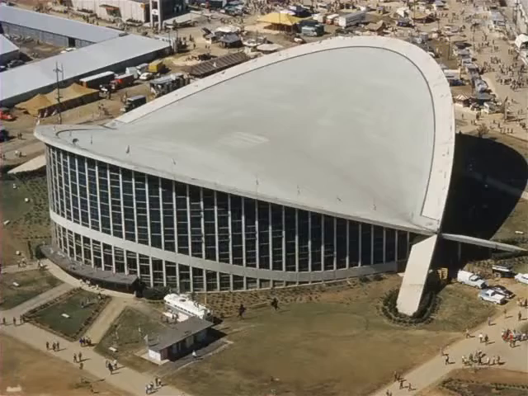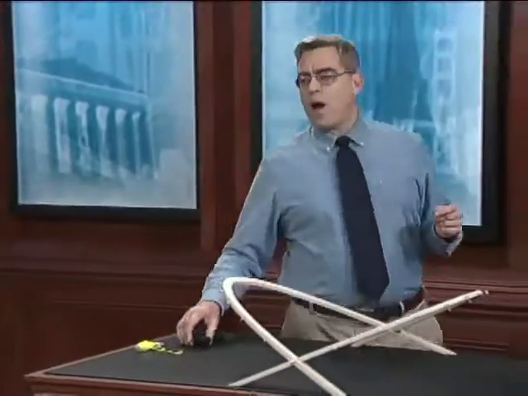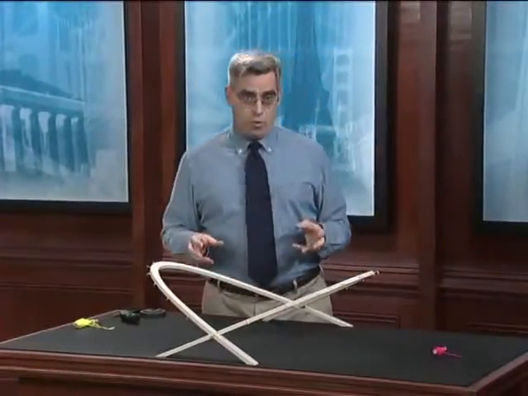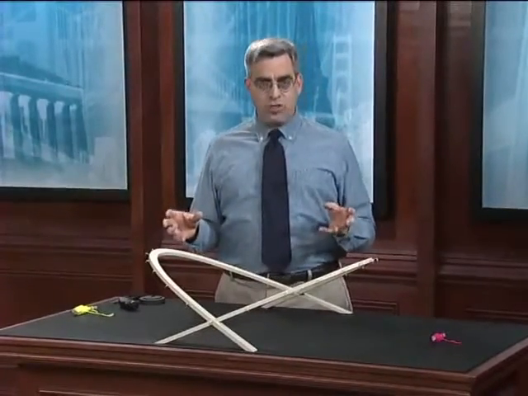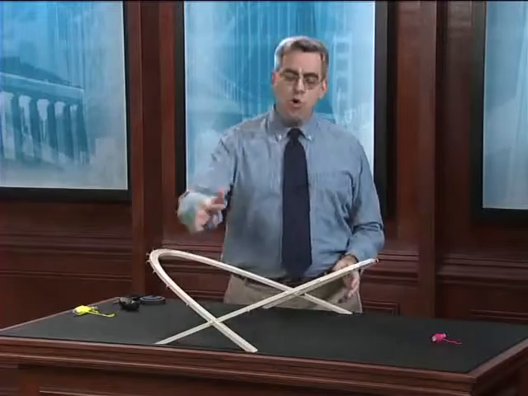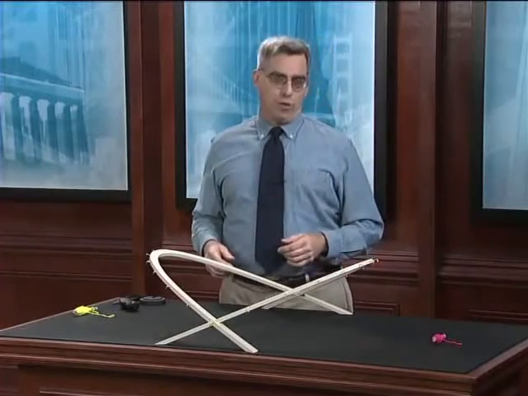This photo doesn't really do it justice, though, so let's build a model. Here's a model of the basic framework of the Dorton Arena, and that basic framework is composed of a structural system that's founded on two huge reinforced concrete arches.